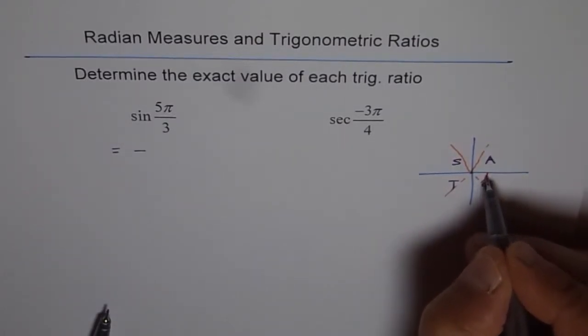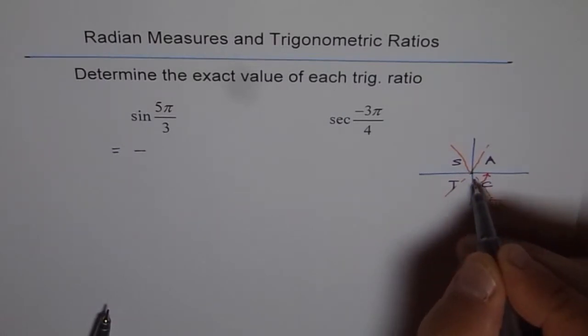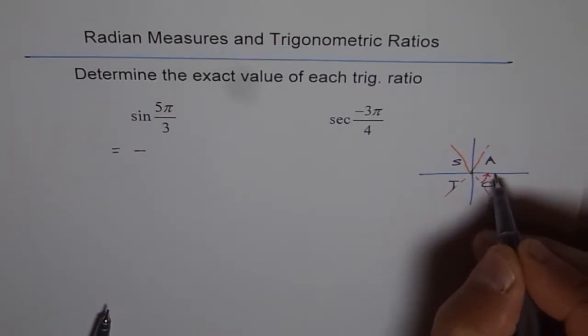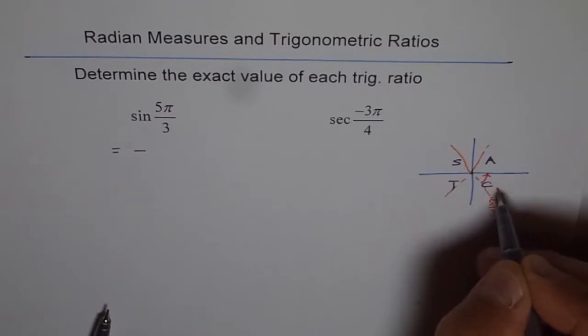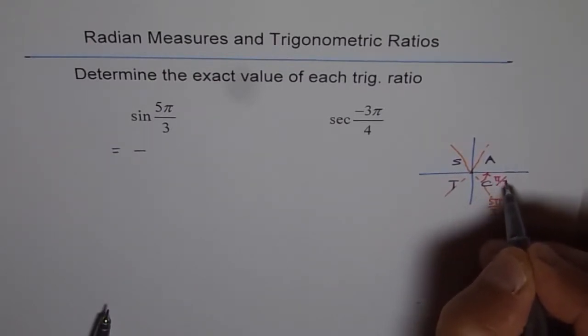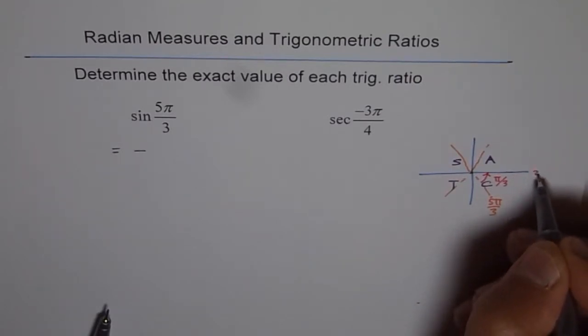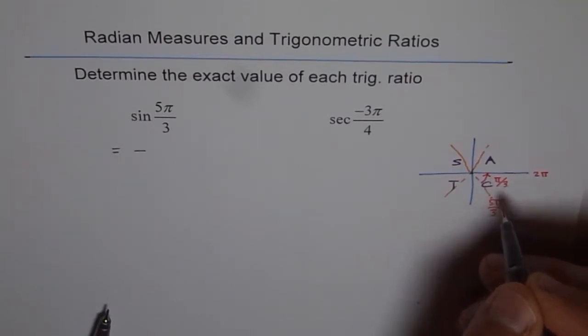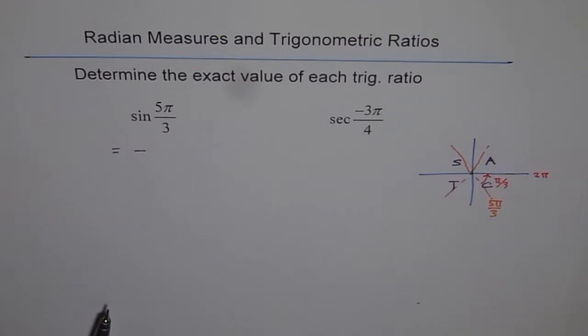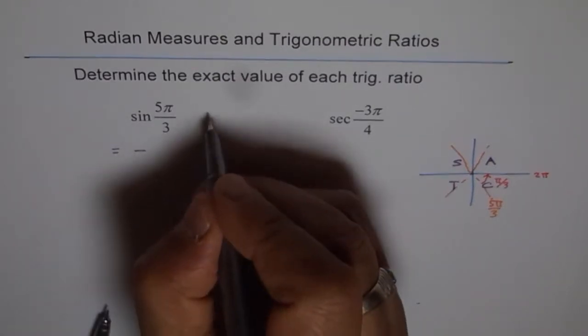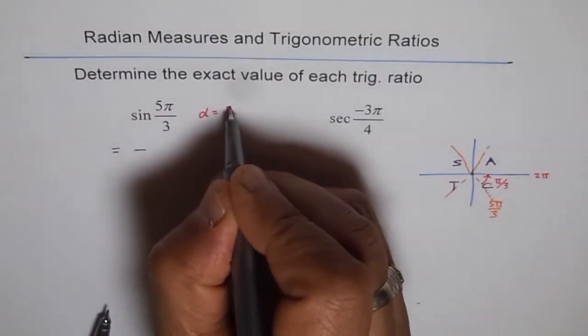So here, this is the angle. Is that okay? From pi by 3, this is the angle to the horizontal. And this angle is pi by 3, right? Because if we go one more pi by 3, it will be 6 pi by 3 or 2 pi. Is that okay? So pi by 3 is my related acute angle. So I find alpha equals pi by 3.